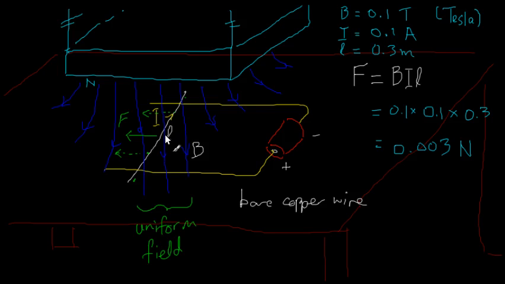But what if it is not perpendicular? What if it is at an angle? Even if the magnetic field is at 90 degrees to the current, we understand from, say, Fleming's left-hand rule that the direction of the force should be perpendicular to both the current and the magnetic field, right?